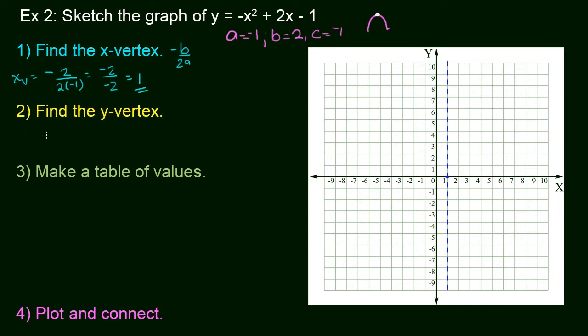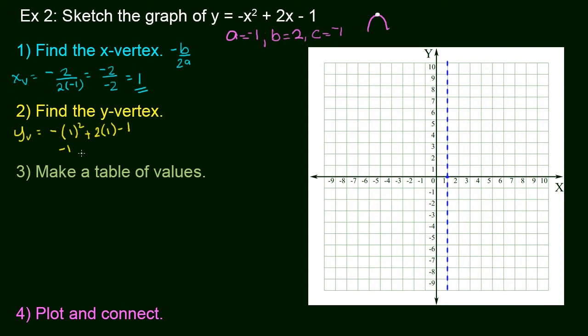I'm now going to find my y vertex. To find my y vertex, I take the value that I found for my x vertex, which is 1, plug it into my original equation, and simplify. So I have y vertex is negative 1 squared plus 2 times 1 minus 1. 1 squared is 1 times a negative is a negative 1.